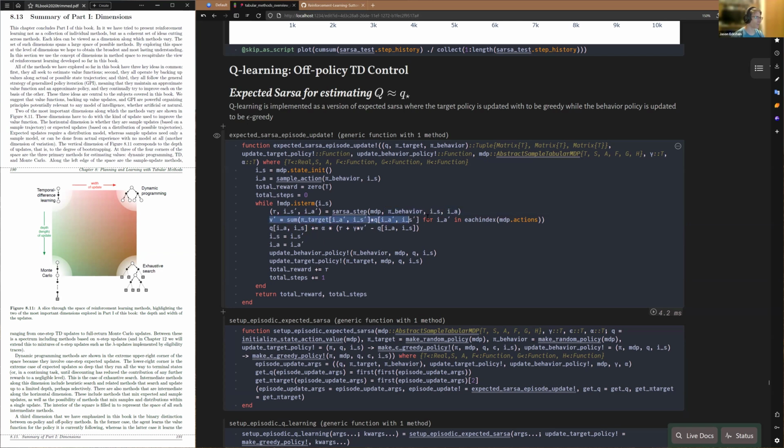But for the update, I'm not actually using whatever the behavior policy does when it selects the next action. I am using all of the actions and I'm using the target policy distribution.